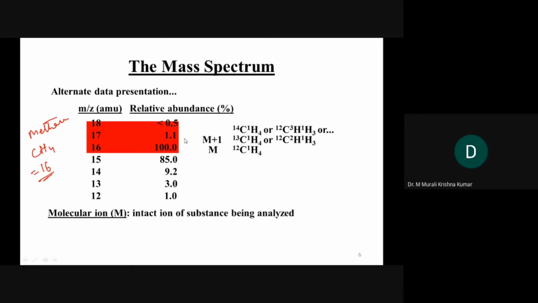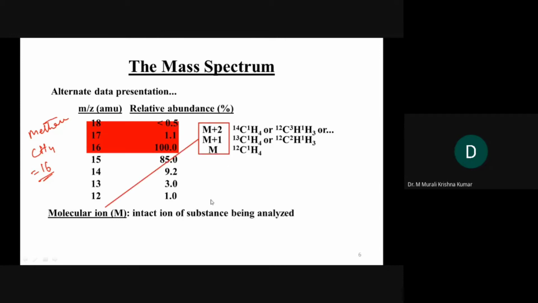So this is the way how, instead of simple molecular ion, we also will get M+1, M+2, and M+3 ions can also be there in your mass spectrum. During analysis, don't worry, we will make use of M+1 and M+2 ions for deciphering the molecular ion. Here, what is the percentage of M+1? 1.1%.